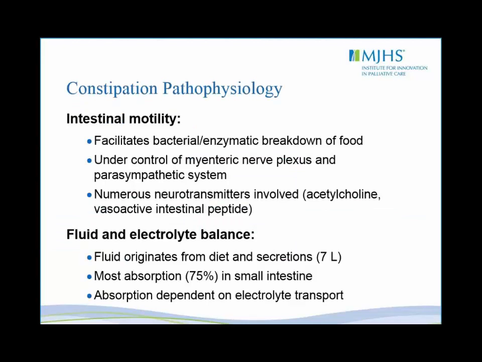Pathophysiology: if we understand what's involved in constipation, we will easily understand why we use certain medications afterwards. There are two things involved in the pathophysiology of constipation. One is the motility part, the movement of the gut. The second is the fluid and electrolyte balance. We need both.